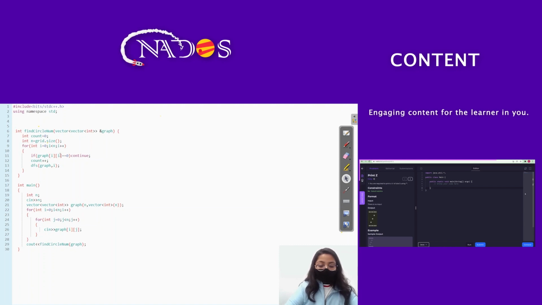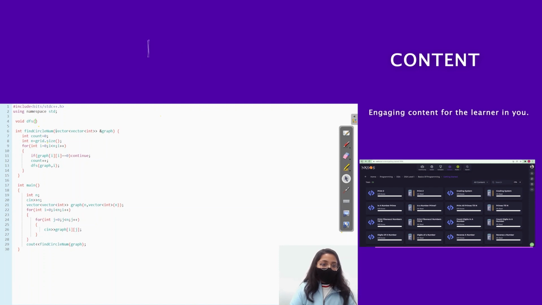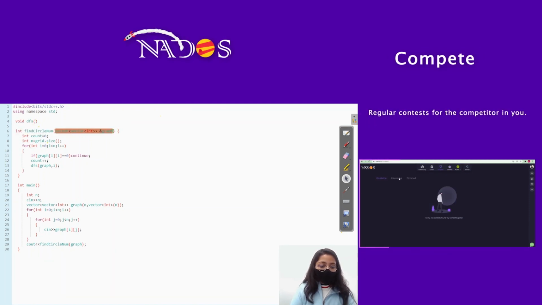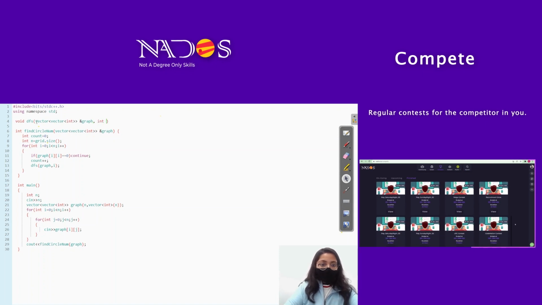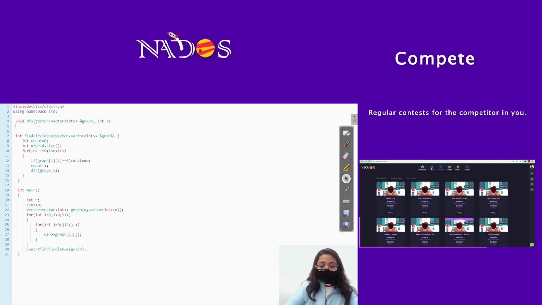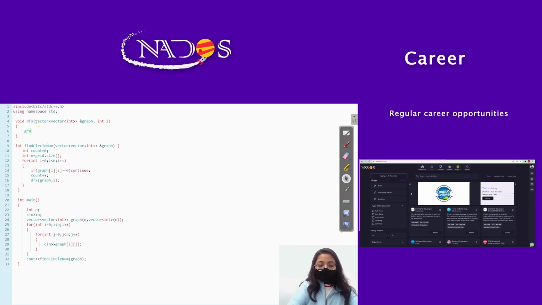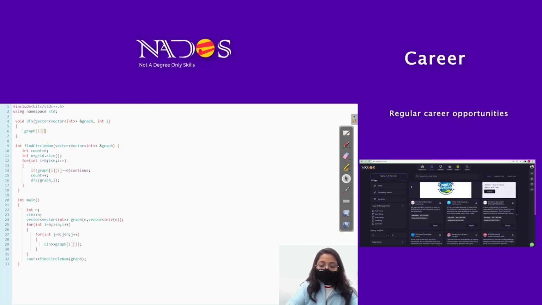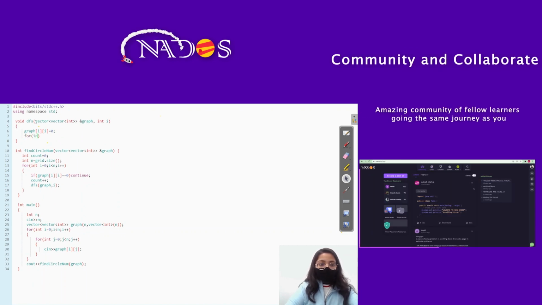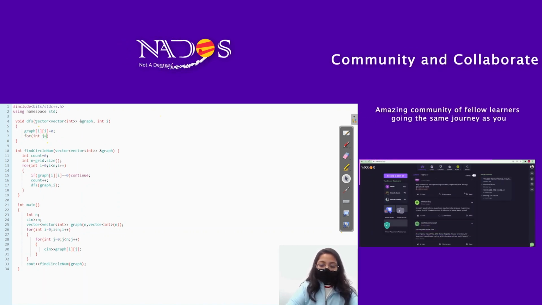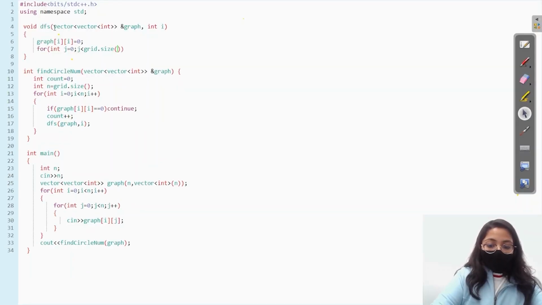After that, we are going to work on the DFS function. So void DFS, vector of int graph and int I. So the first thing I need to do is that I will put graph of I comma I as 0, right? Then I'm going to start moving in all of its columns. So for int j is equal to 0, j is less than grid dot size, j plus plus.